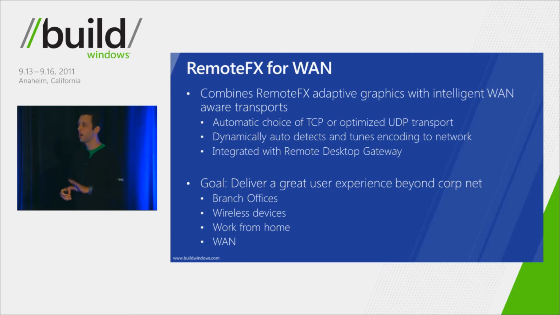We don't require UDP. The RemoteFX technology will automatically sense if UDP is available, and if so, will offload the types of content that are necessary on UDP. But if UDP is not available, or policy by the administrator dictates that that's not something that you want to deploy in your environment, it can very easily and naturally fall back to TCP.